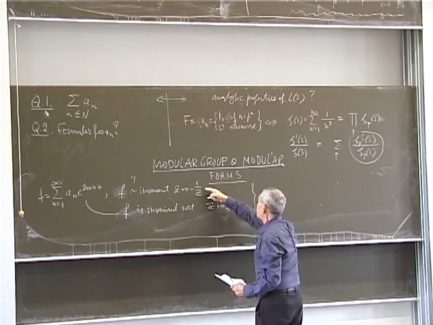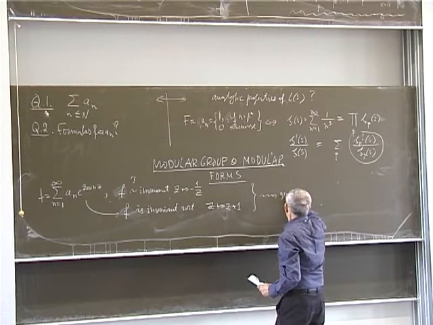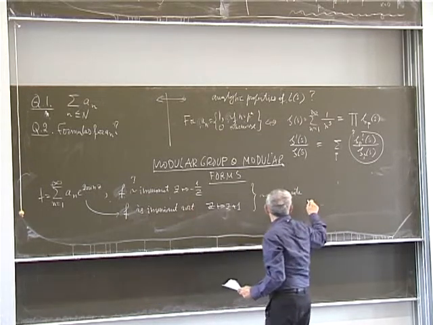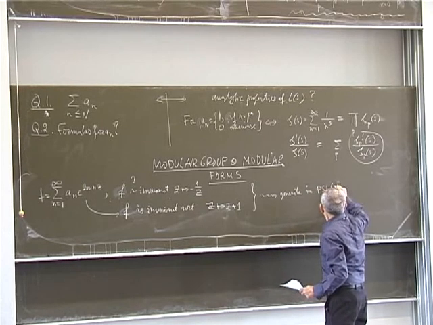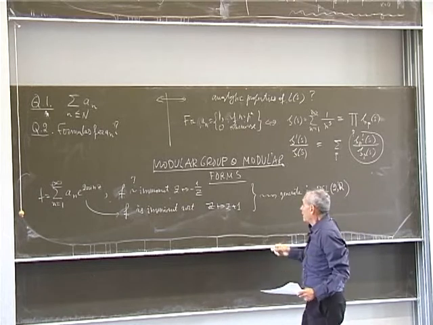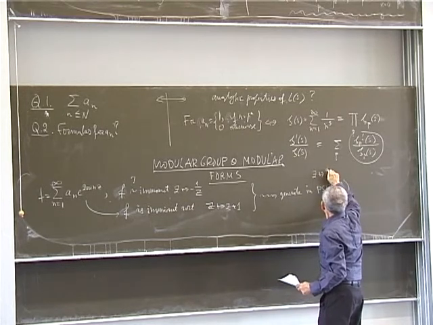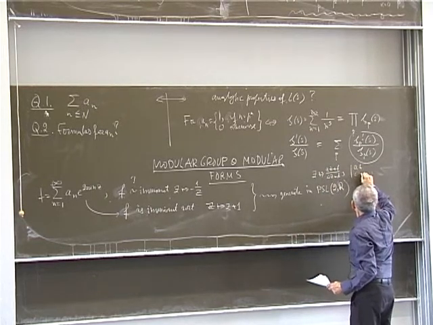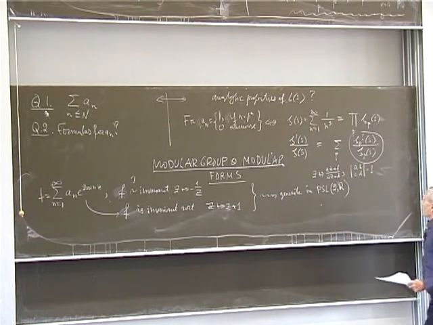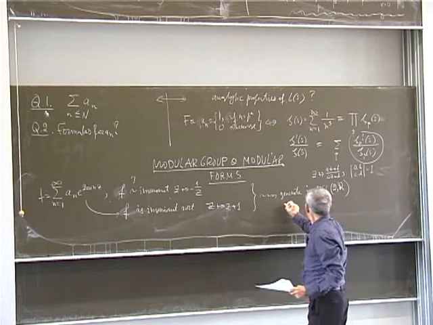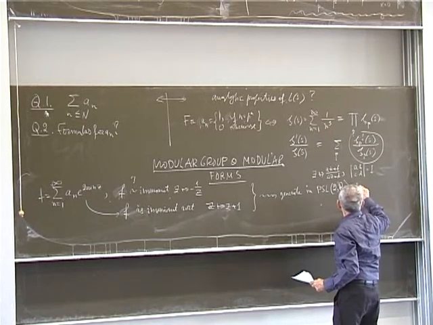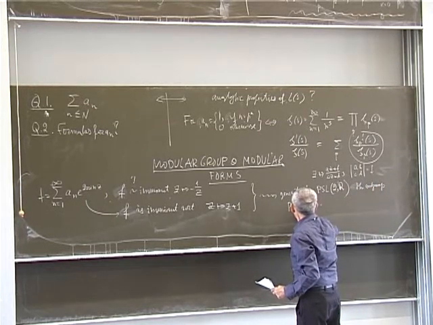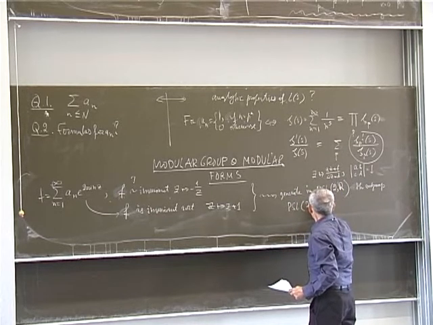And these two together generate, at least if I am considering the group of transformations with real coefficients and determinant 1, a subgroup which simply consists of such transformations with integral coefficients.